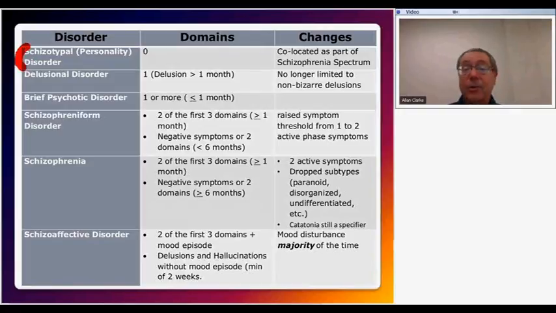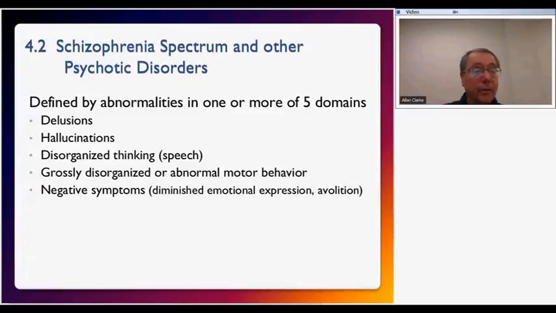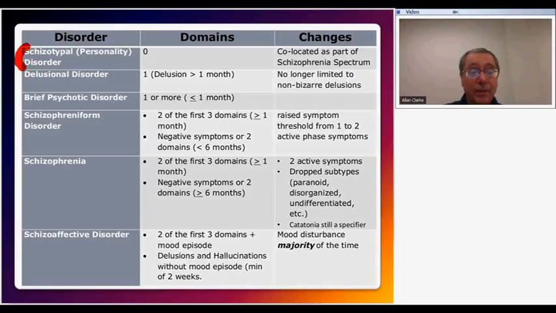They've raised the symptom threshold to include 2 of the active phase symptoms. So the active phase symptoms are, going back here, your delusions, hallucinations, and disorganized thinking. So you have to have 2 of those now to meet the criteria for schizophrenia and schizophreniform. And then you have to have the negative symptoms or some of the other symptoms.